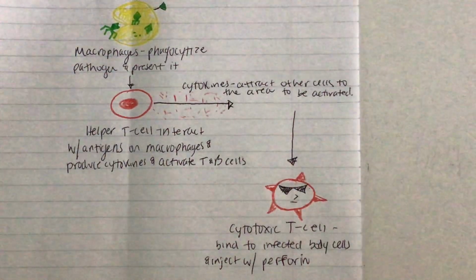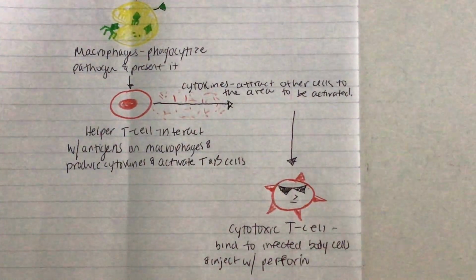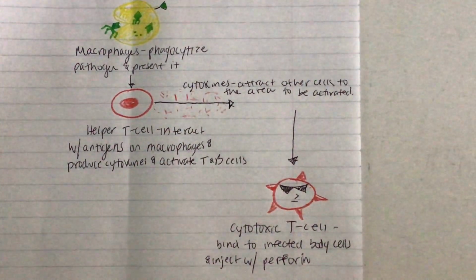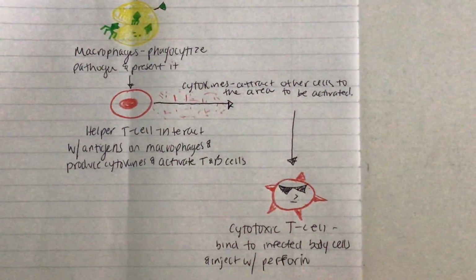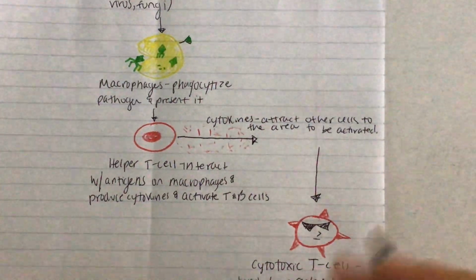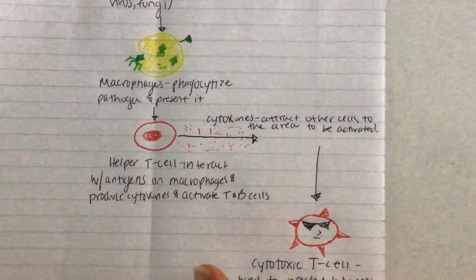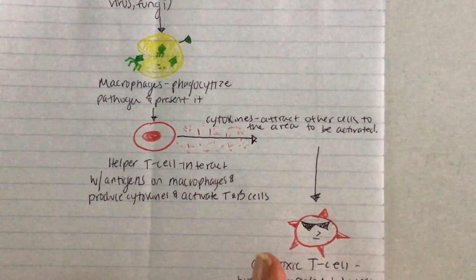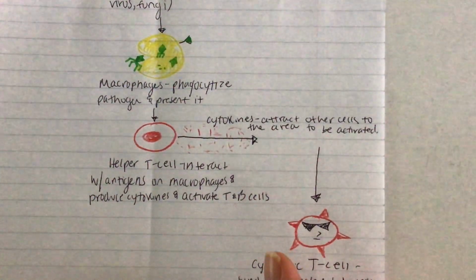And that's a toxin that's going to cause the cell to lyse. It's going to kill our own body cell and all the other pathogens inside of it. Why does it do this? To prevent spread of the pathogen.